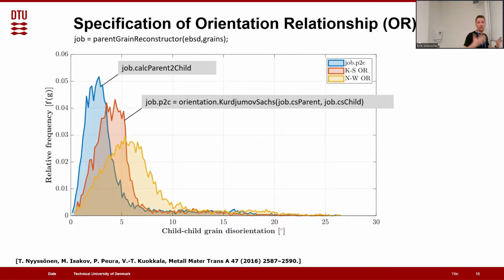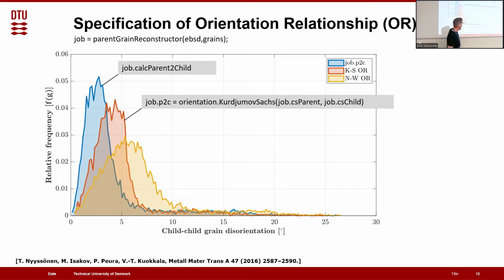A good way to then visualize how well this orientation relationship fits to our microstructure is to plot this child-child grain disorientation diagram. And this basically means, for example, given the Nishiyama-Wassermann orientation relationship in yellow, how well does this orientation relationship fit to the misorientations that are present between all the grains in our microstructure.